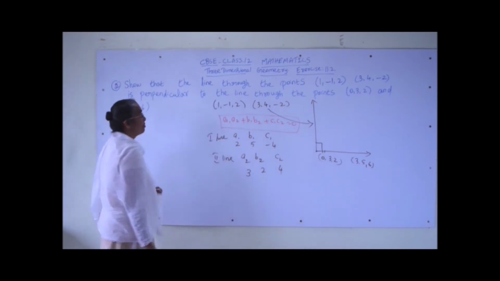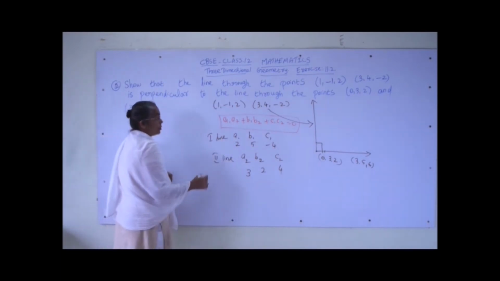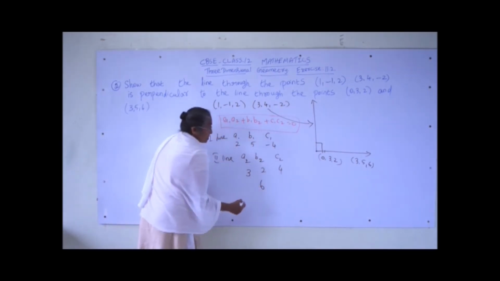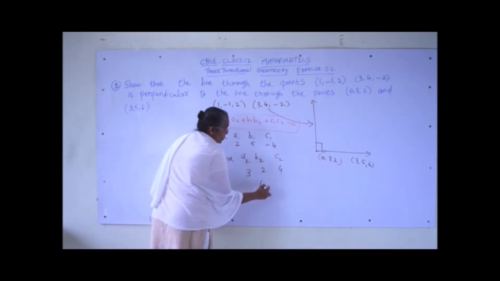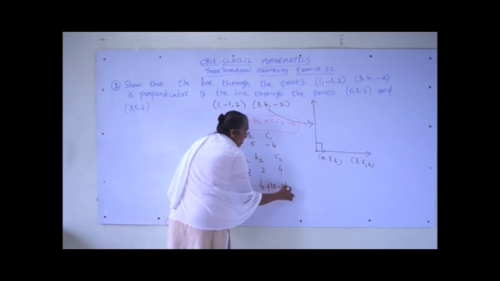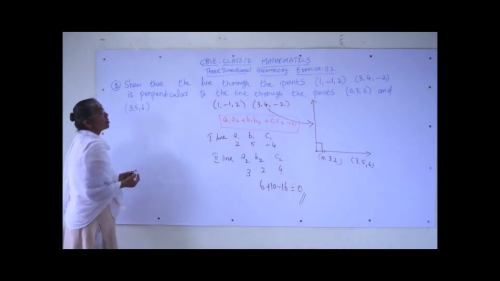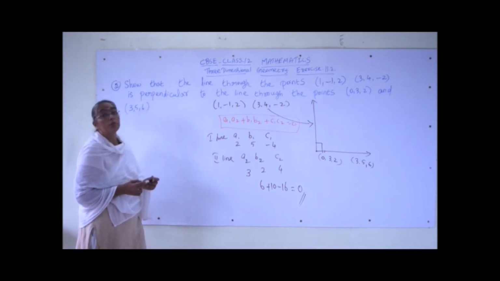Now a1 a2 + b1 b2 + c1 c2 is 6 + 10 - 16, which is equal to 0. Therefore, the two lines passing through the given points are perpendicular.